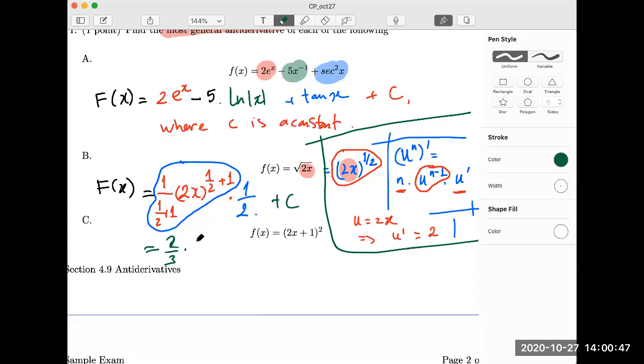And here it becomes 2x to the 3 over 2, right? And multiply with 1/2 plus c. 2 cancels with 2, which gives us 1/3 times 2x cubed and square root, plus c.